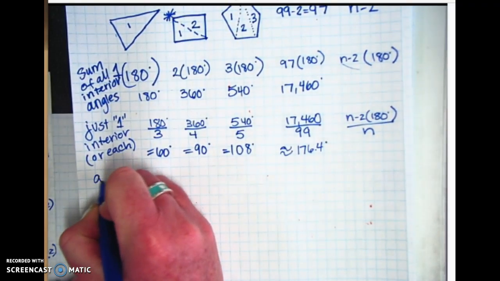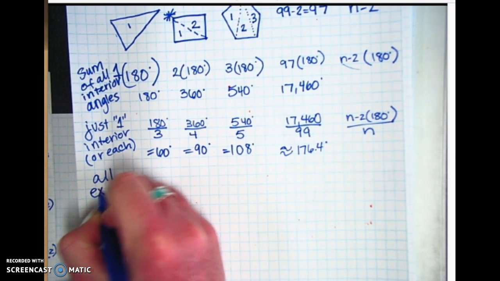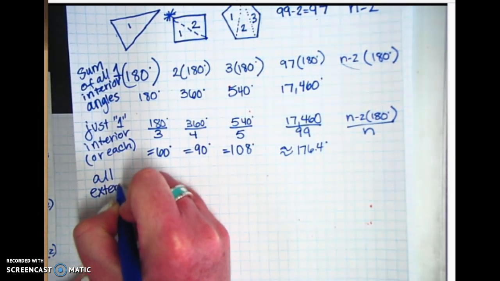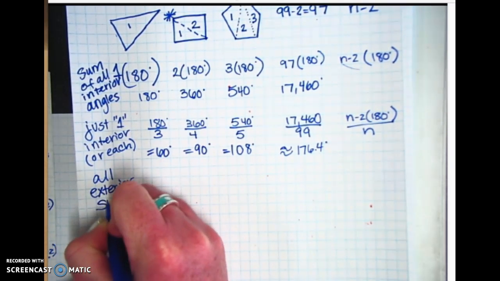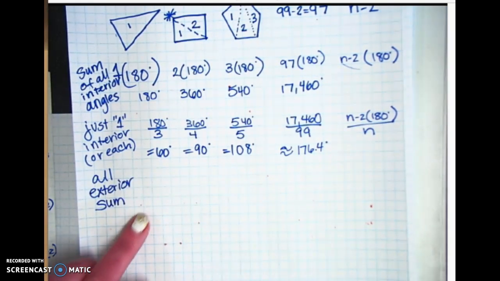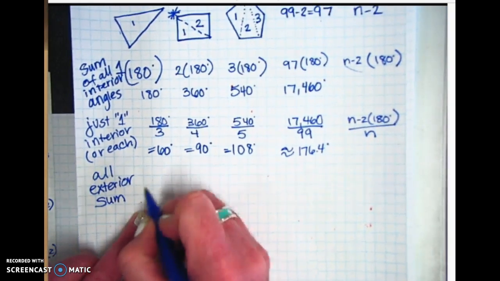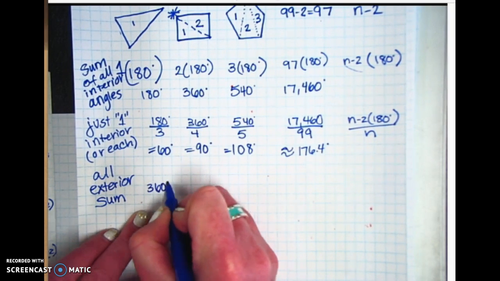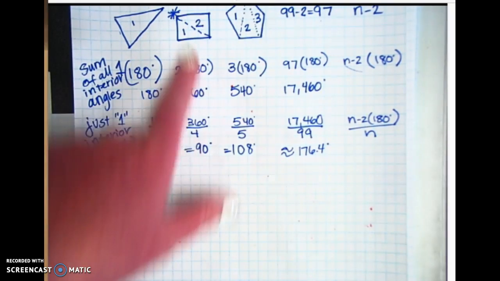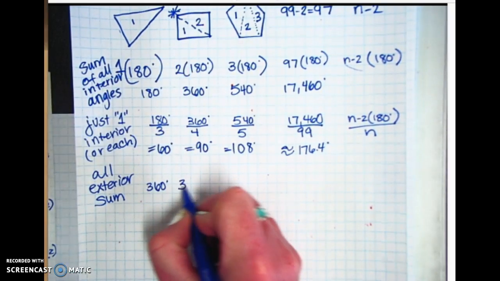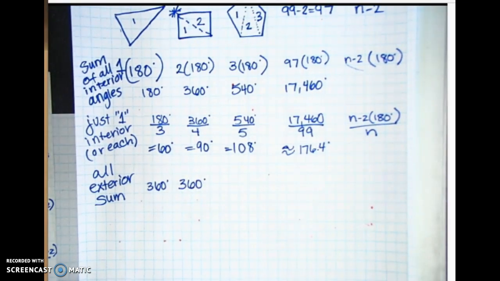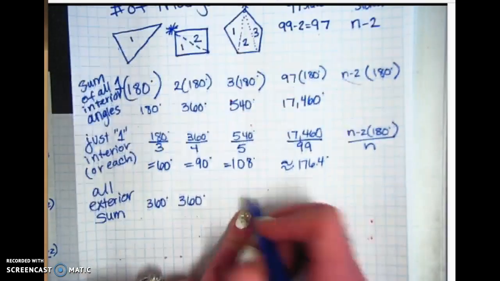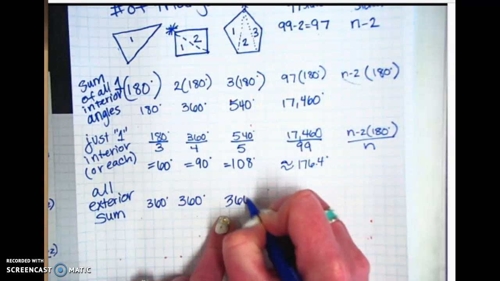Now we're going to do the hardest one. The hardest one is all of the exterior angles, what is their sum? And the answer for a triangle is 360 degrees. The answer for a quadrilateral is 360 degrees. The answer for a pentagon is 360 degrees.